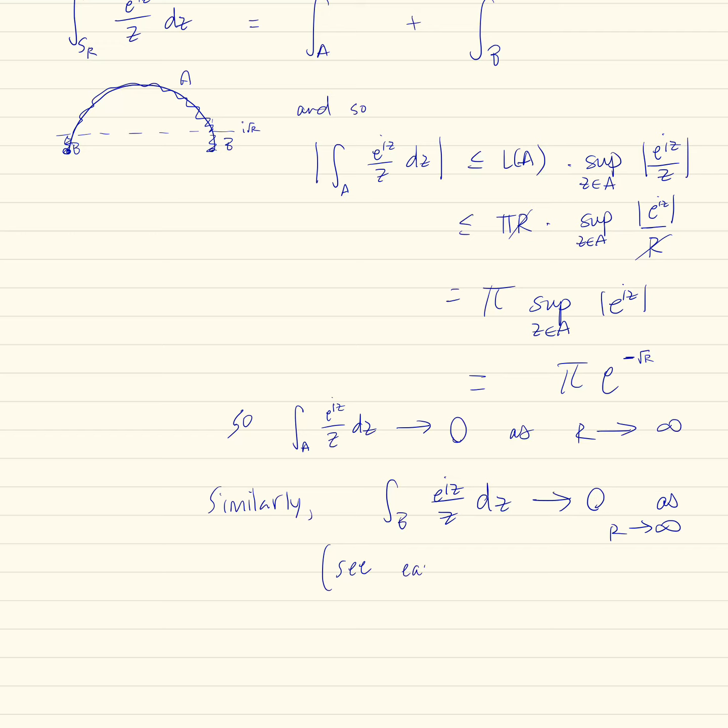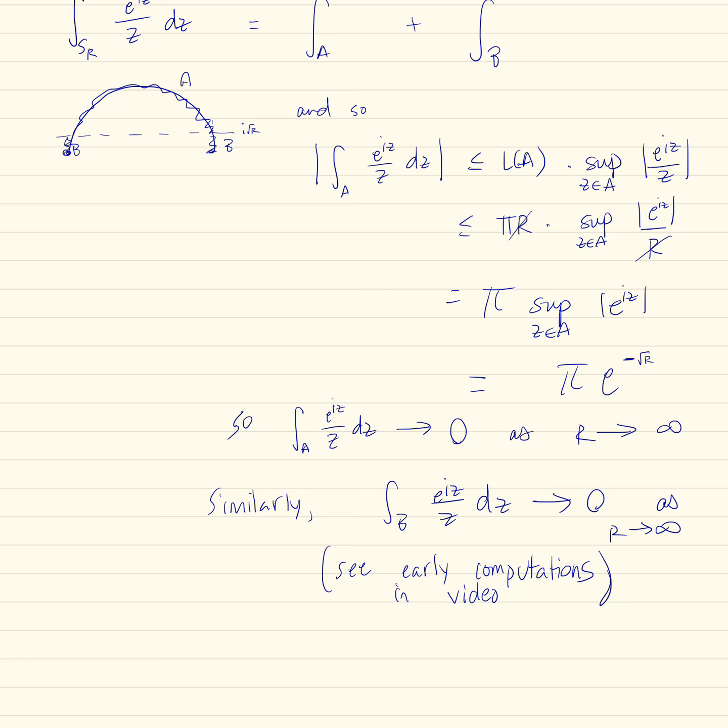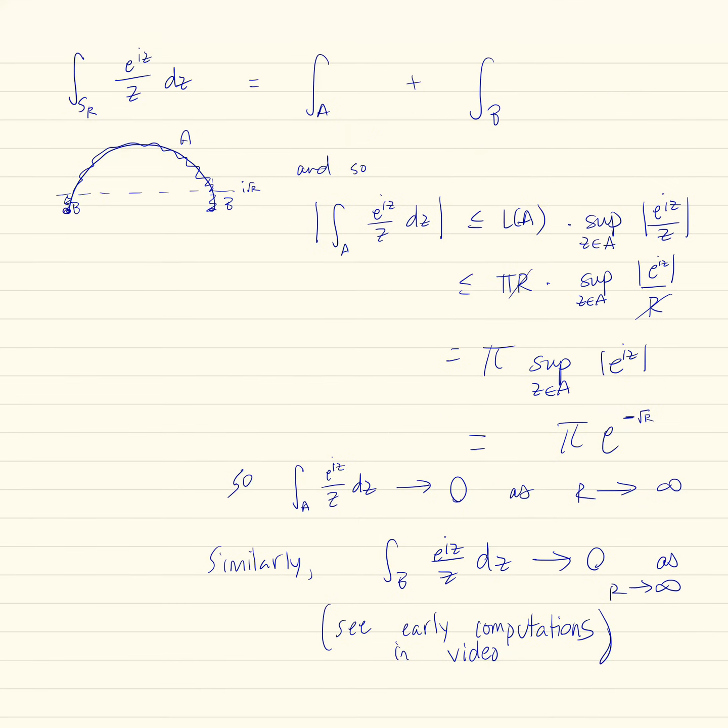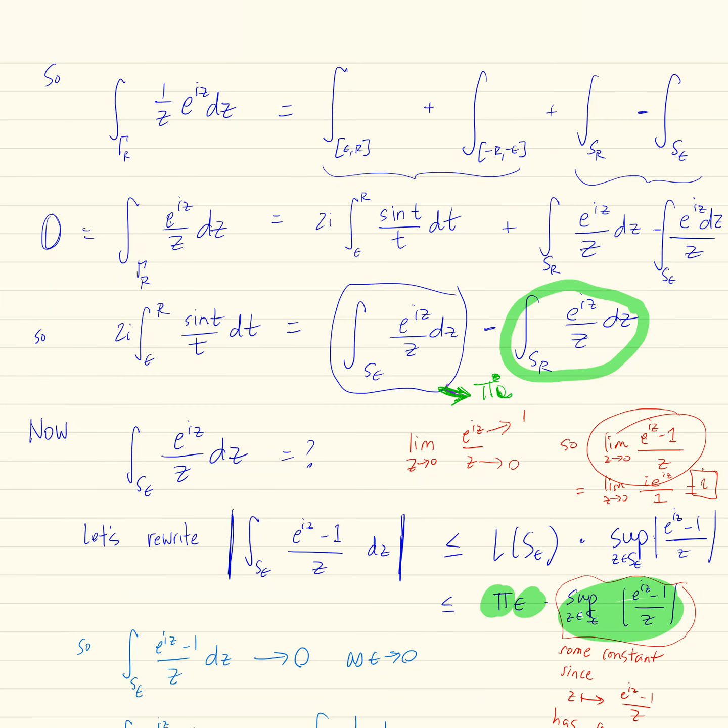So what does this mean? This tells us that this goes to 0 as r goes to infinity. Make sense?